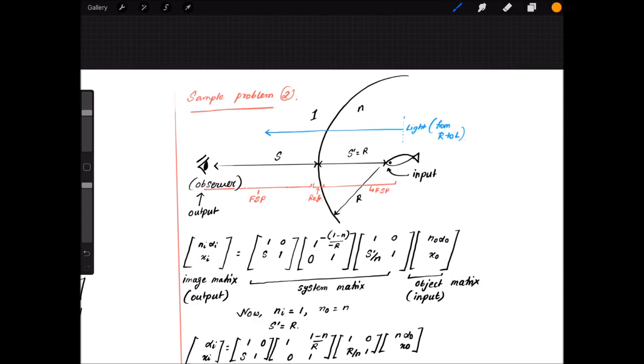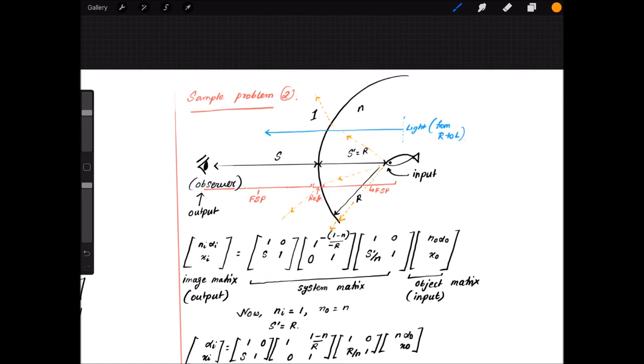So let's look at a light ray traveling like this. When it hits the interface, it's going to bend outward. Similarly, a light ray coming out from here is going to bend outward. So they are not ever going to actually converge toward the observer.